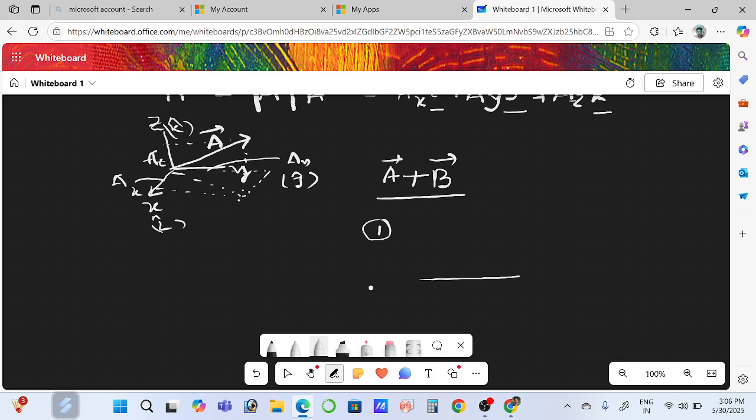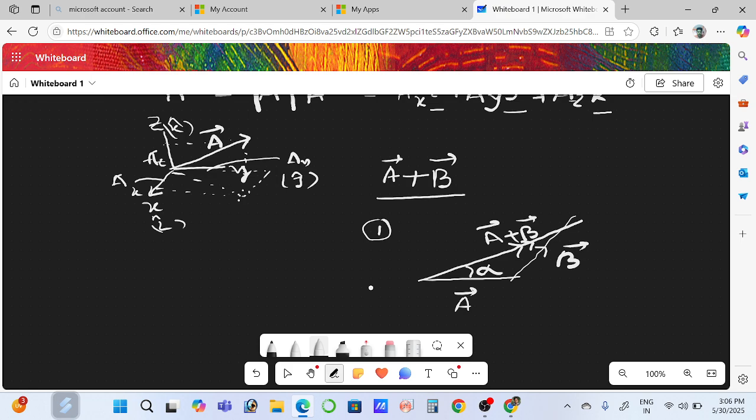Suppose A and B are represented by the corresponding sides of a triangle. Then the third side will represent the resultant of the two vectors, that is the addition of two vectors, and this is the direction of the resultant.